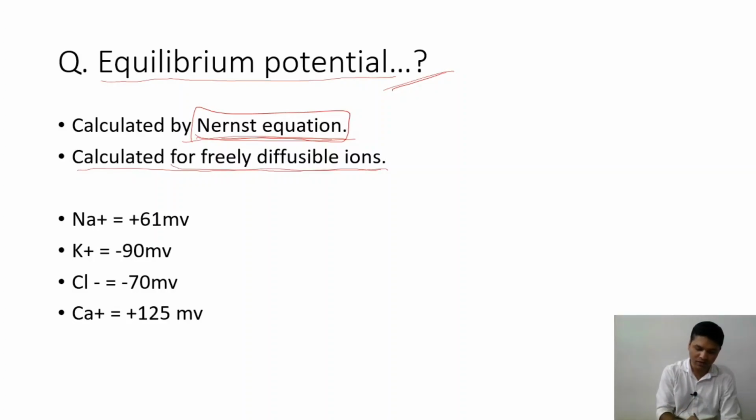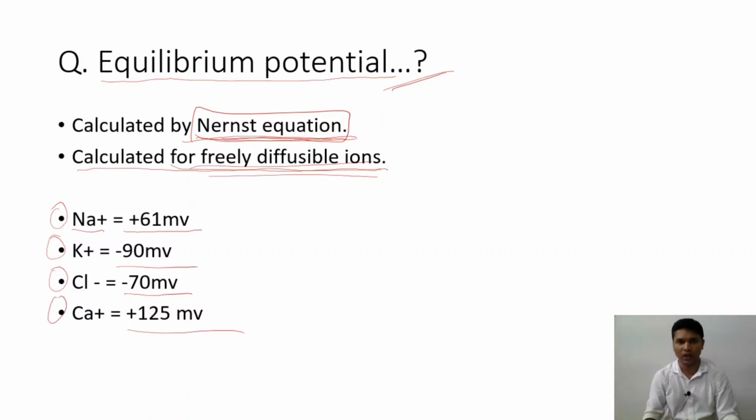Only those ions are considered in the equilibrium potential. The normal equilibrium potential of sodium is plus 61 millivolt, potassium minus 90 millivolt, chloride minus 70 millivolt, and calcium plus 125 millivolt. So these are the equilibrium potentials of different freely diffusible ions.